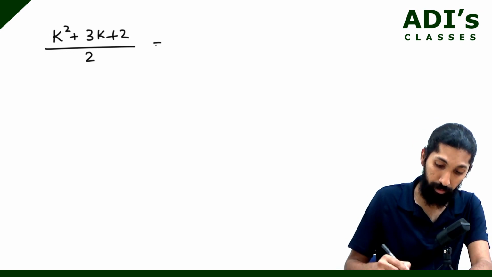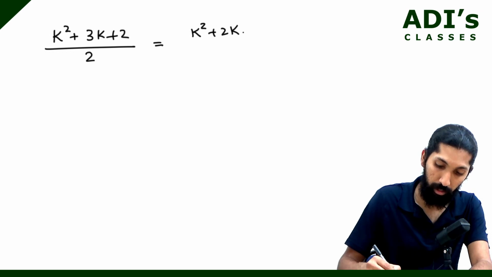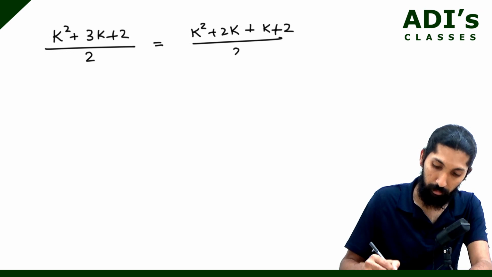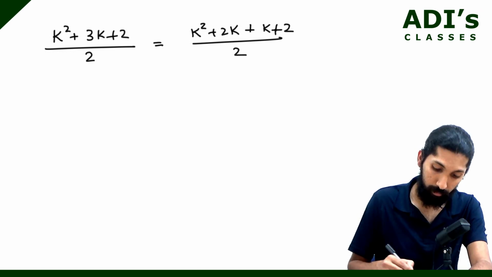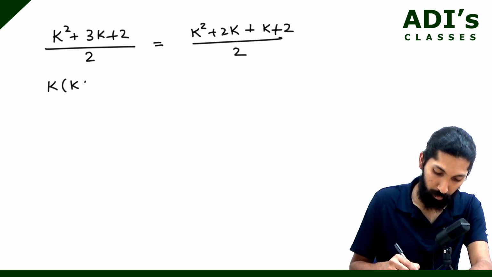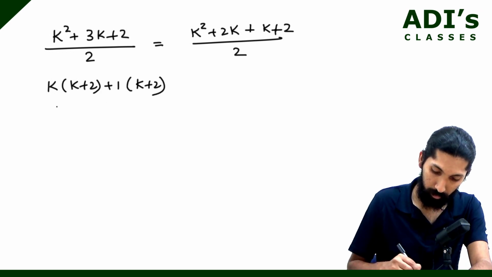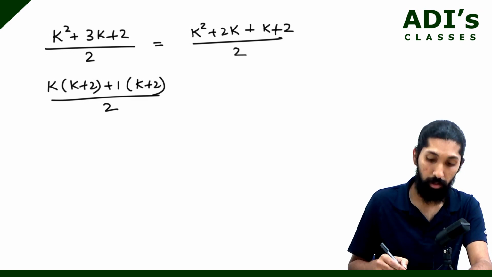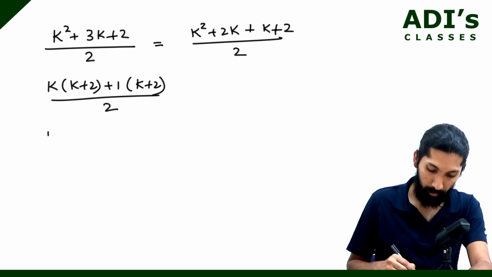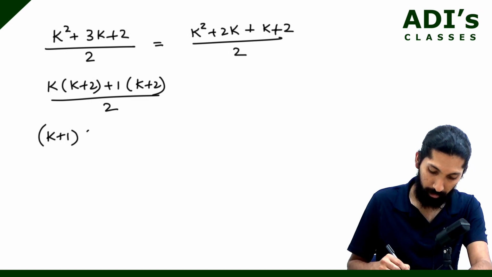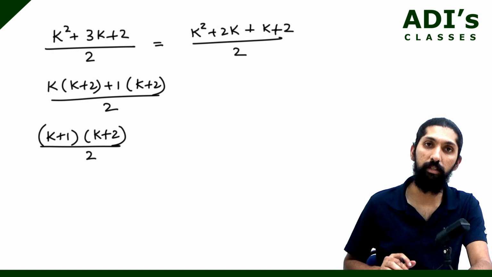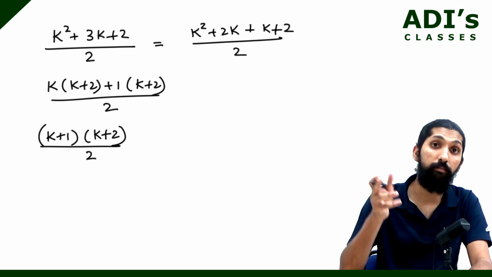So this is going to give us k square plus 2k plus k plus 2 by 2, or k into k plus 2 plus 1 into k plus 2 by 2. So you can write this as k plus 1 into k plus 2 divided by 2, isn't it? Which you will get in the first part itself.